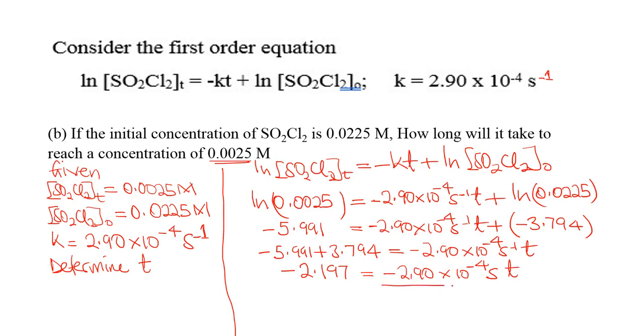In that case, you need to divide both sides by minus 2.90 times 10 to the power negative 4 s minus 1. So this cancels with that. When we divide the two, the negative here will cancel with the negative.